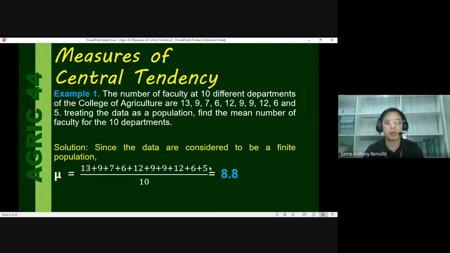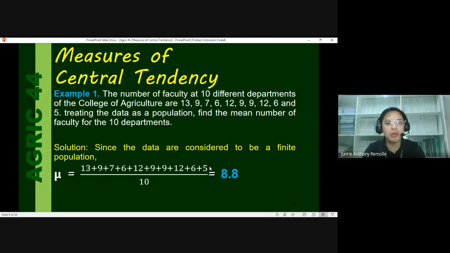So for example 1, the number of faculty at 10 different departments of the College of Agriculture are 13, 9, 7, 6, 12, 9, 9, 12, 6, and 5. Treating the data as the population, find the mean number of faculty for the 10 departments.